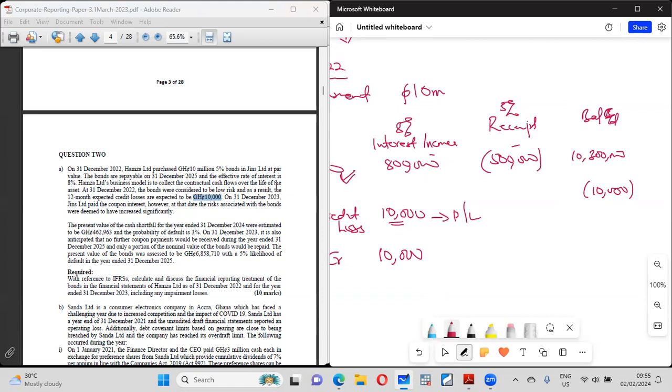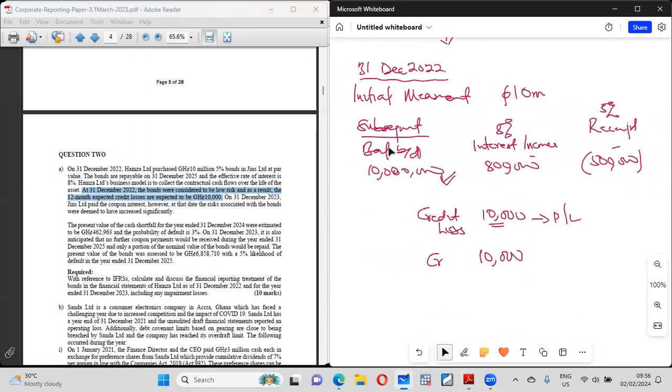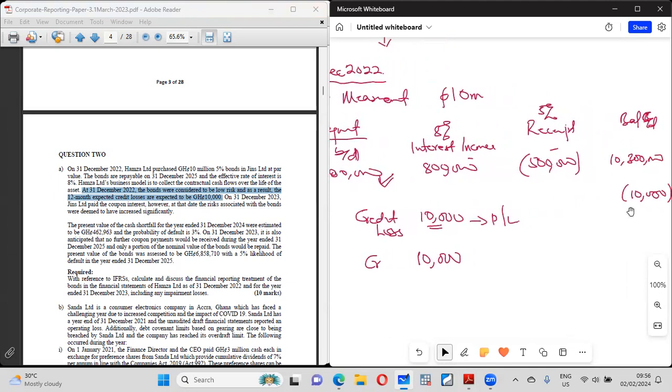Okay, so why in this case, and I'm giving you all the various scenarios, why in this case we will do it on the 10 million is simple, because this is the date we did it. And this 12 months expected credit loss is in anticipation of the 12 months. That is all. So if the date of this had happened to be the beginning of the year, then, like I said, this is what we do.